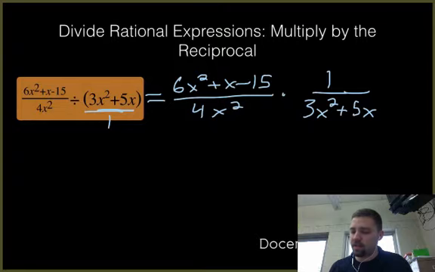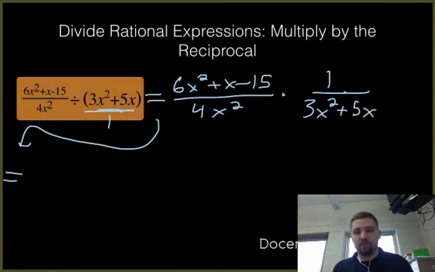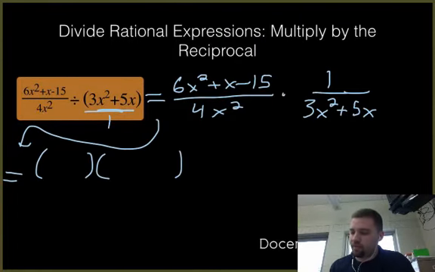I'm going to once again move down here so I've got more space, but I've got a multiplication problem, and so I'm going to start factoring everything and trying to cancel stuff out. So on top, I've got 6x squared plus x minus 15. That's going to factor into 3x and 2x.